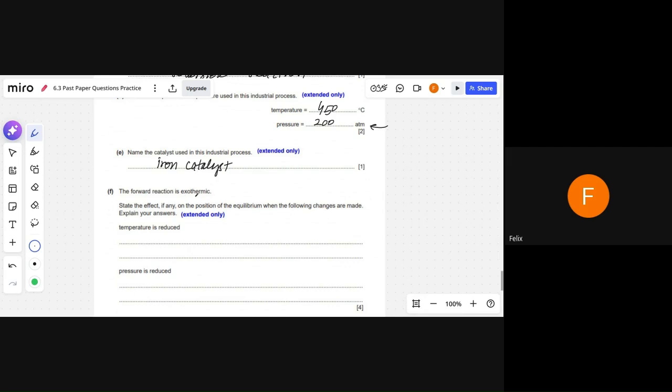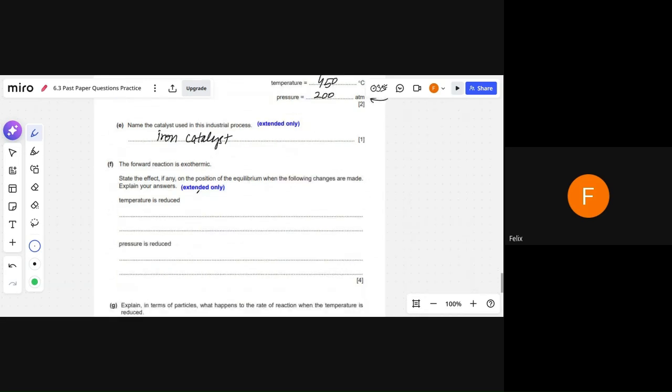Then, the forward reaction is exothermic. State the effect, if any, on the position of equilibrium if temperature is reduced. If you reduce the temperature, the reaction will shift towards the right side to make more ammonia. So the temperature is reduced, it will shift to the right.